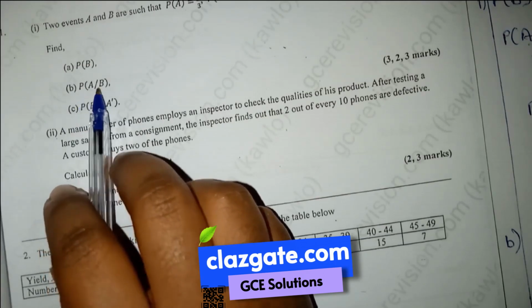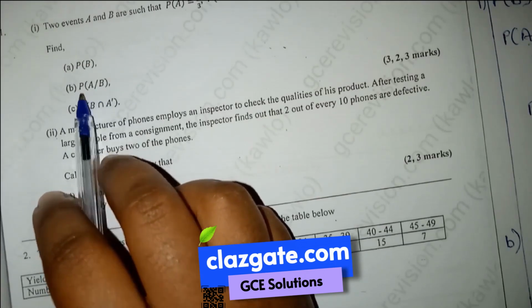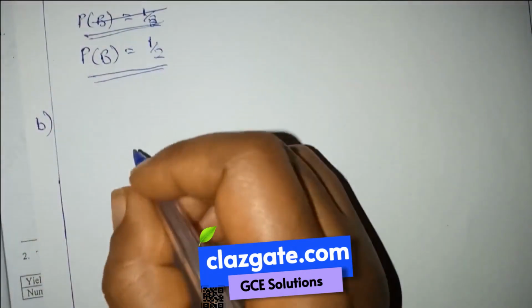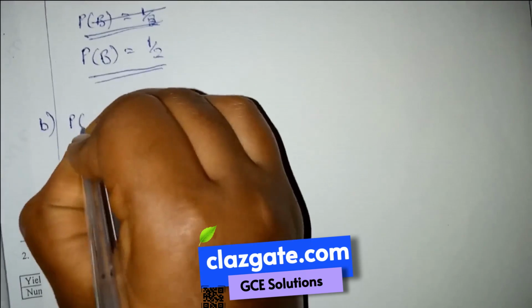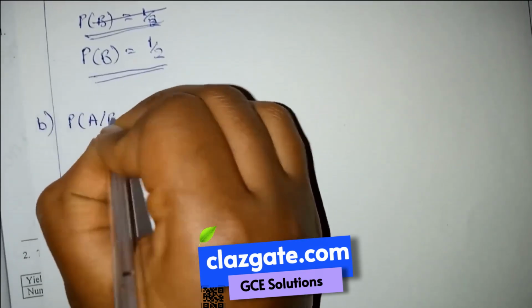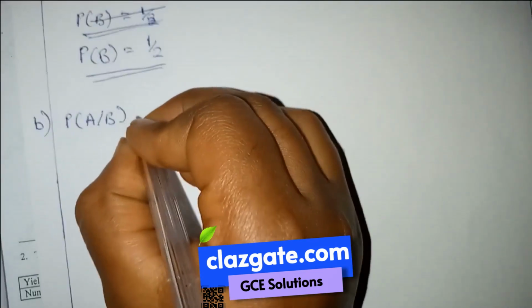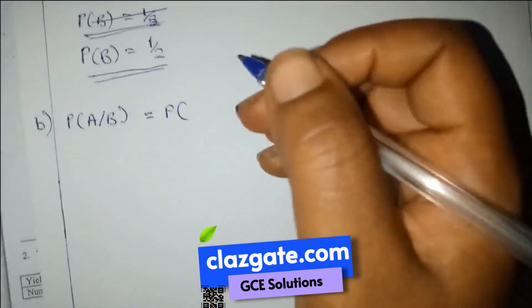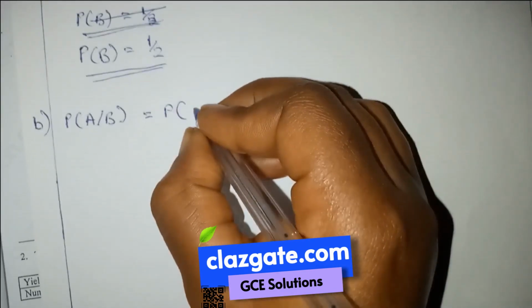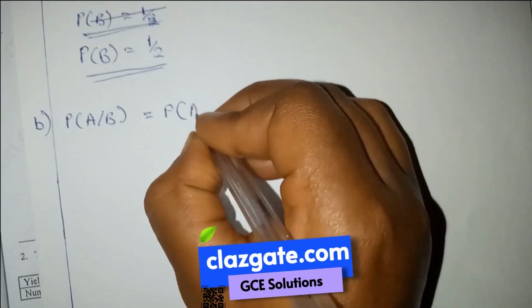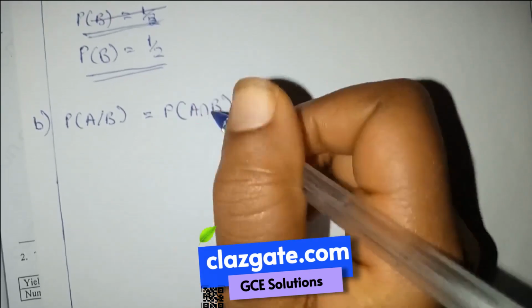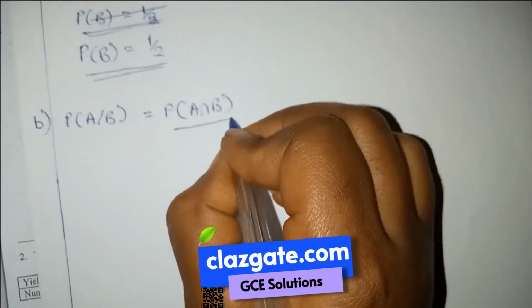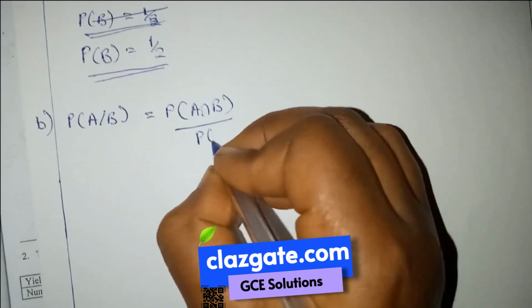So to solve this, the probability of B given A is given by the probability of A intersection B, divided by the probability of A.